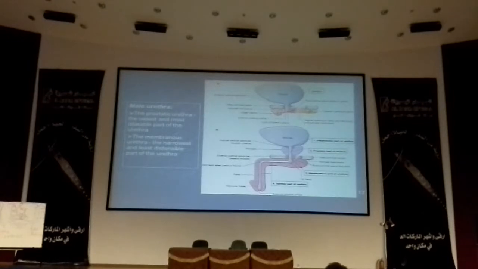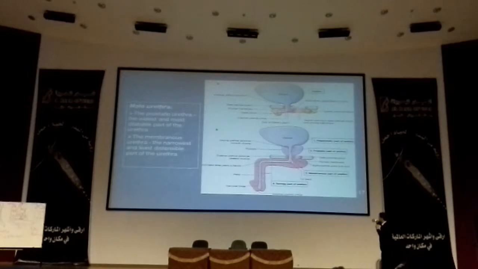Yes, that's it. As you see, this is the neck of the urinary bladder that passes the prostate gland, and you see the prostate gland has an anterior lobe, a medial one, a posterior one, and two lateral. Whatever. Now what about the urethra? The urethra has three parts.